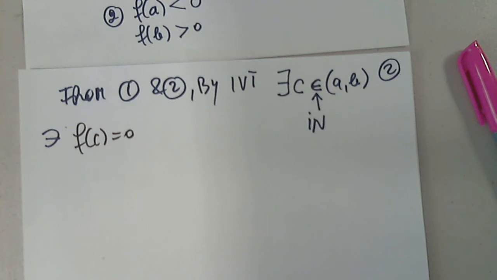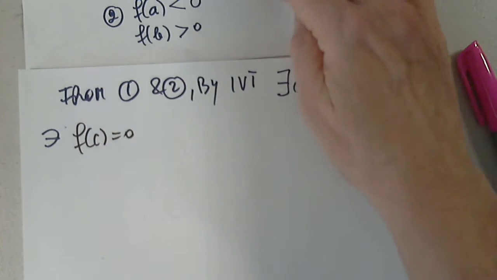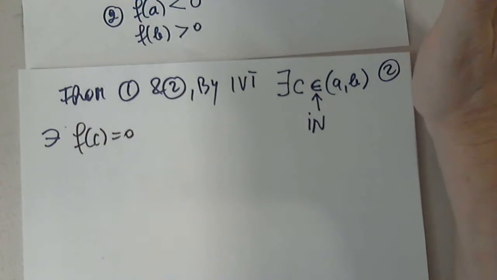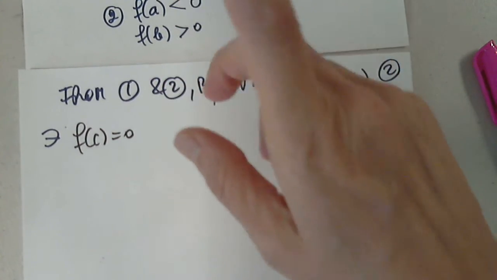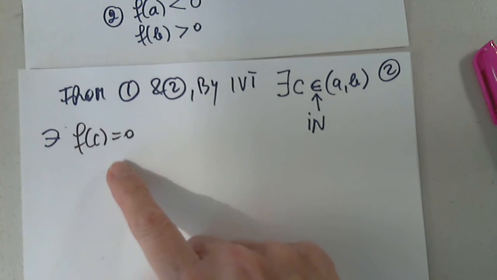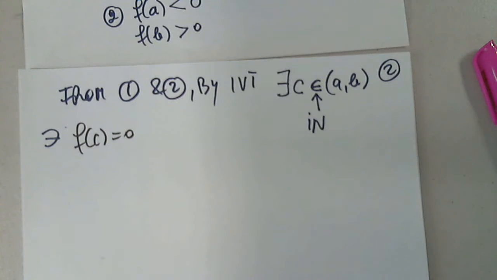Thank you. That's it. There must be a point if it's continuous. Now, if it's not continuous, we're not talking about the intermediate value theorem. It's done. We don't have anything to say. But if it is continuous and it changes sign, then it must have a solution or a zero.